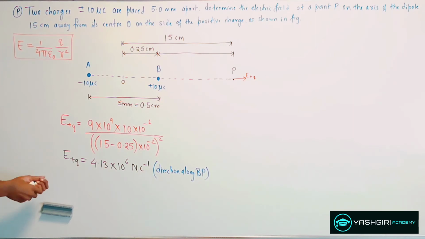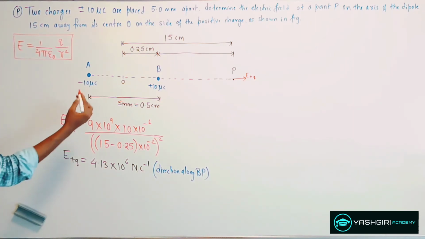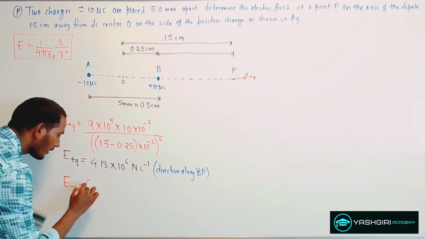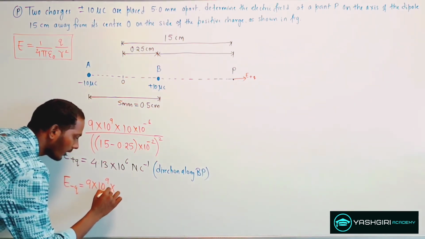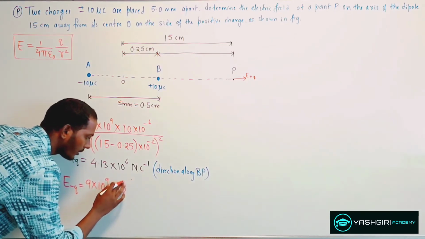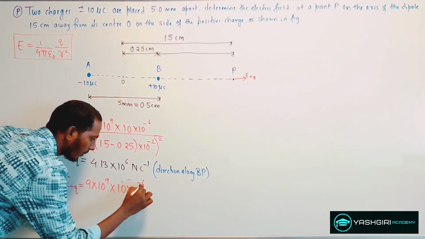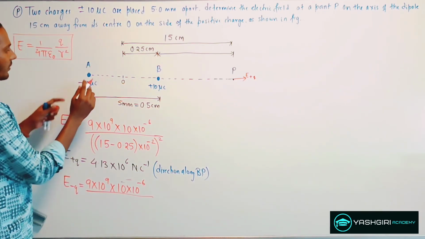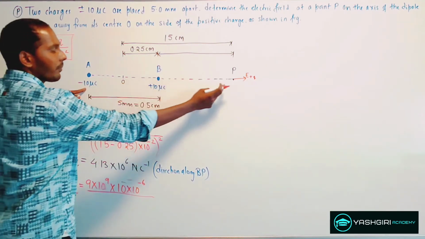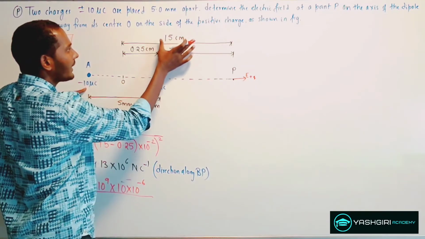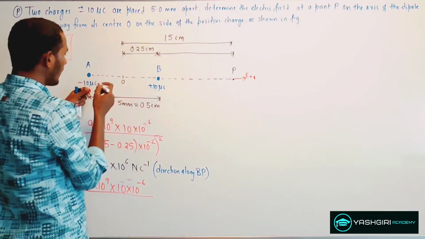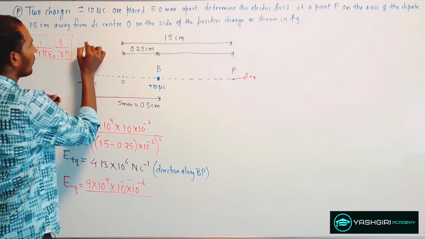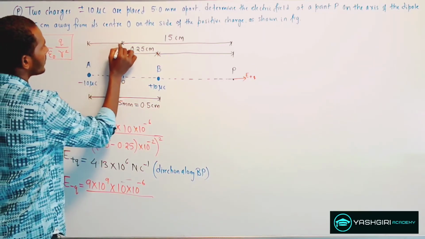Now in the same way I can calculate the electric field due to the negative charge. So here the electric field due to the negative charge is 9 into 10 to the power 9 into again the magnitude, 10 into 10 to the power minus 6 microcoulomb, divided by the distance from this negative charge up till this point P. So I can add this 15 centimeters, and in addition to that I add 0.25 centimeters to this.